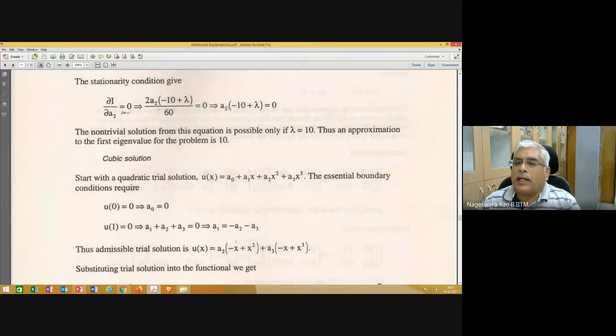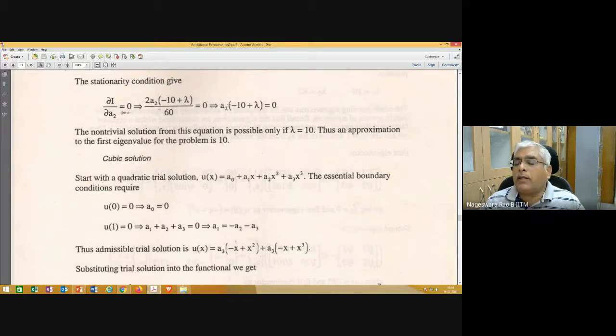A2 equal to 0 is the trivial solution. So the non-trivial solution is if this quantity inside the bracket is equal to 0. When is that going to be equal to 0? If lambda is equal to 10. Thus the approximation to the first eigenvalue of the problem is 10.